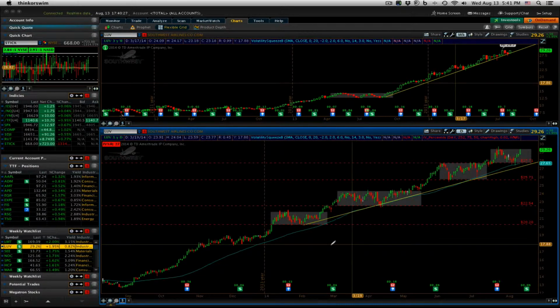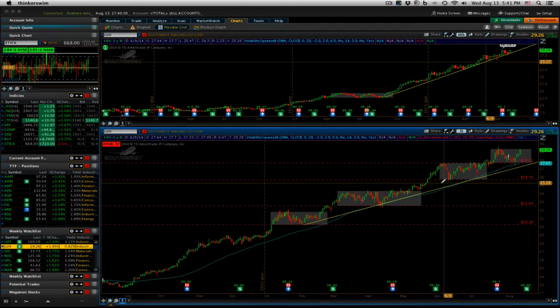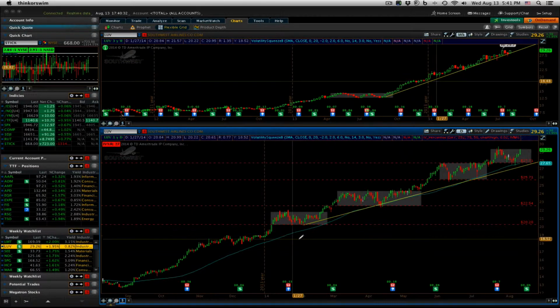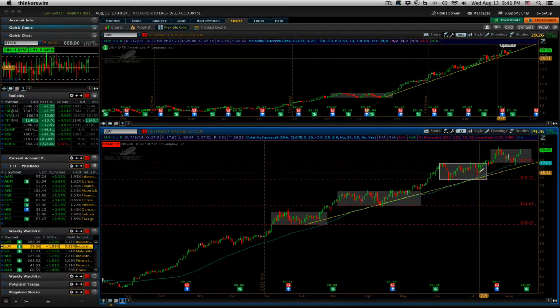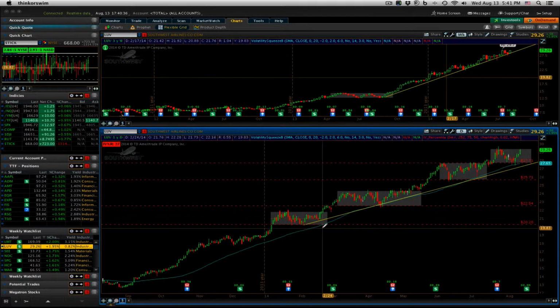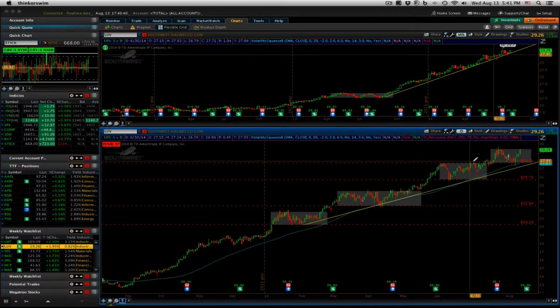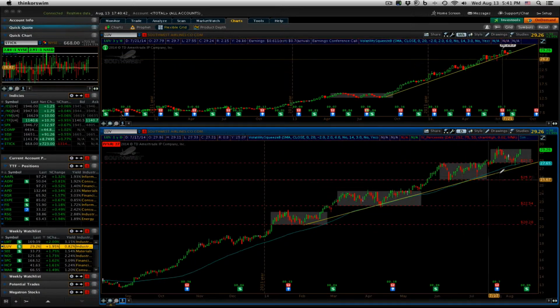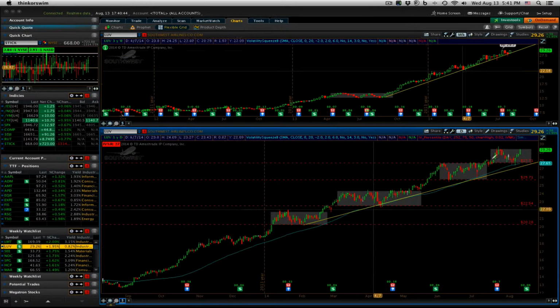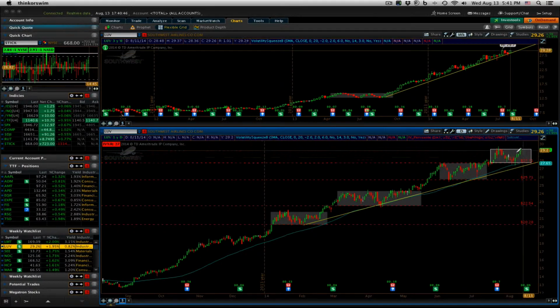This was one of my first positions, I think. And the fact is, it would still be a valid position today, almost 8 months later, and 50 or 60% gains. So unfortunately, I was not long it at that point, but for the model portfolio, it was talked about, and it looks like it's setting up again.